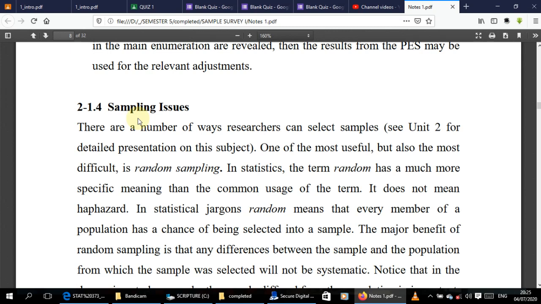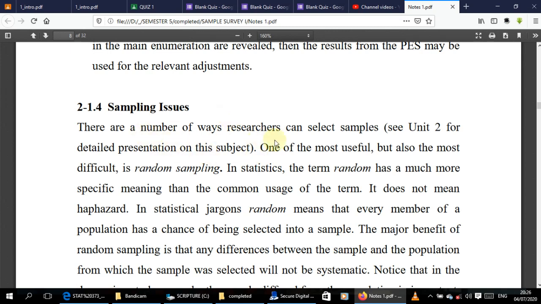You can imagine the stress. You have to purchase vehicles, bicycles to move people to the places and so on. Resources are not enough to cover the whole population. Okay, so it is better you do a sample survey. Doing a sample survey means you take a portion based on what you can do, your available resources, the money in your hand, the human resources in your hand. Based on that, you do your sample survey.